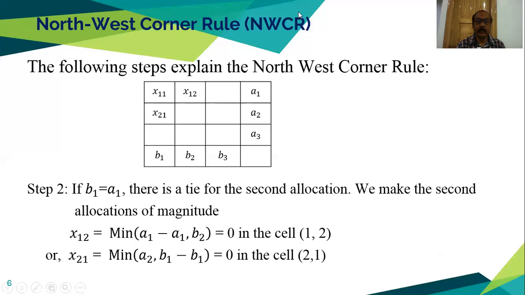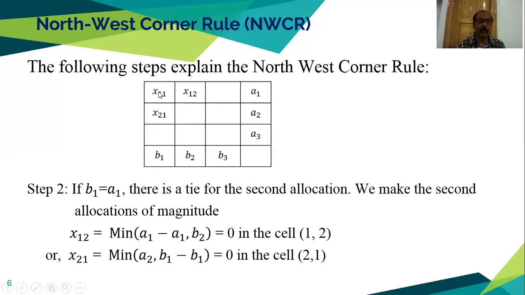Now in step 2, case 3: if B1 is equal to A1. If both are equal, that means after allocating x11 in the first cell 1,1, nothing is available in source 1 and no demand remains. That means the demand is met as per our requirement. How much is left? 0 left. So we have to move diagonally. Since there is no availability, we cannot move along the row.